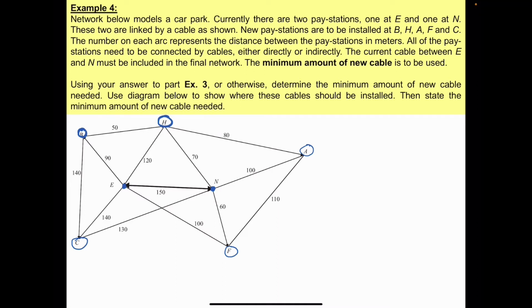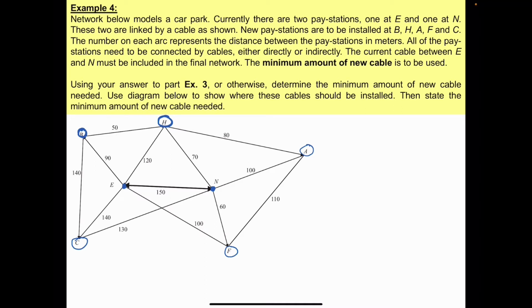And now, obviously, we want to minimize the cost of the cable used, so that's why I am looking for a minimum spanning tree, minimum amount of new cable. We could do it otherwise, but it's good to use the answers to example 3 when we can determine the minimum amount of the new cable.